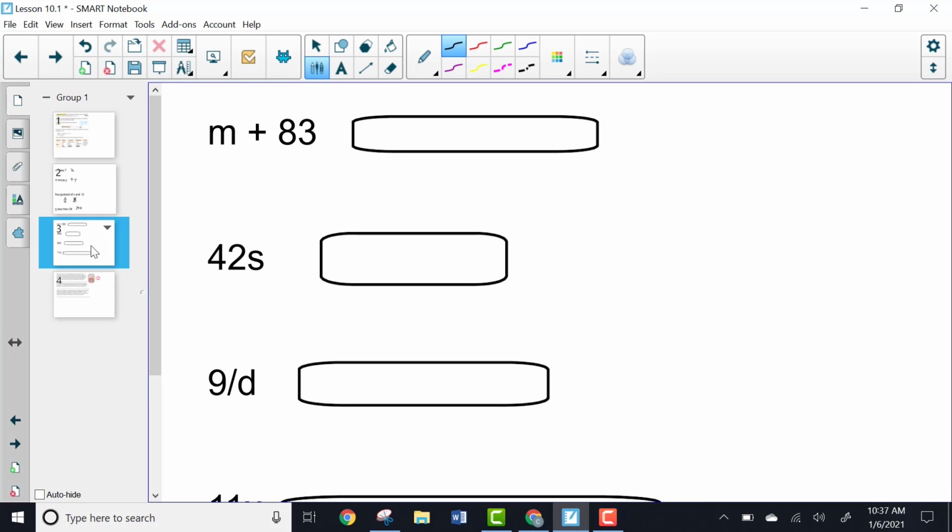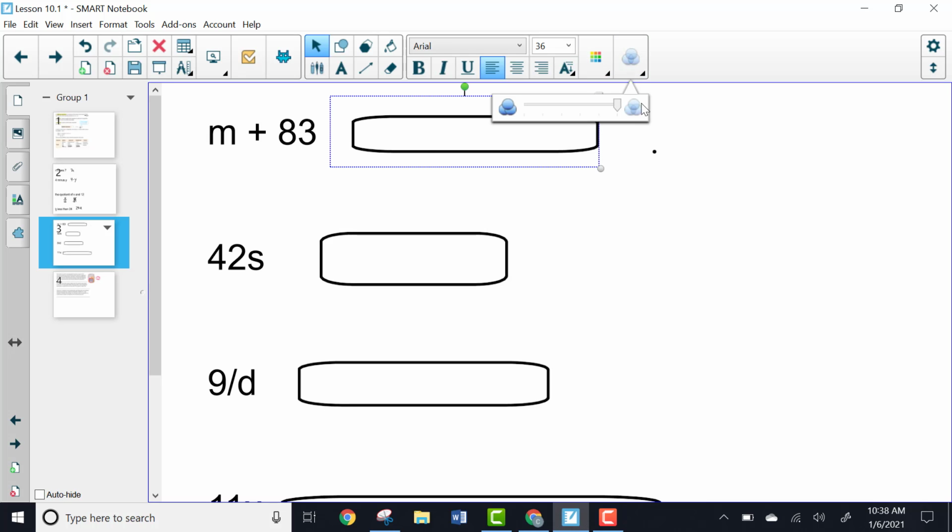Now we're going to take a look at the algebraic expression, and we're going to write a phrase for each expression. With these, you do not want to make them too difficult. You've got to think about what's happening here. For this one, we have m, so m is the variable, adding 83 to that: m plus 83.